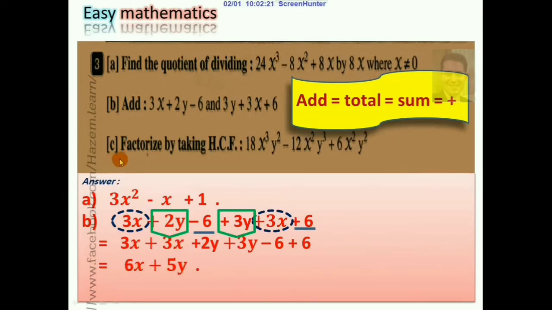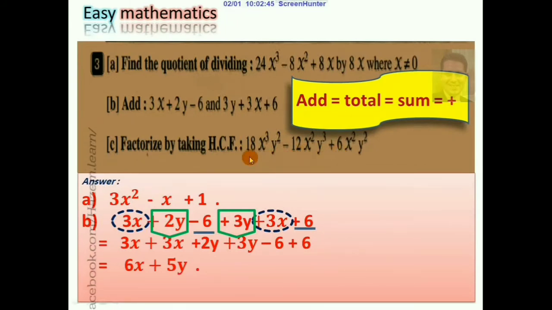Let's see the last one, letter C, factorize by taking HCF. What is the meaning of HCF? This abbreviates the words highest common factor. When we are asked to find the HCF of this algebraic expression, first we look at all the coefficients here and try to find the highest common factor of all these numbers.